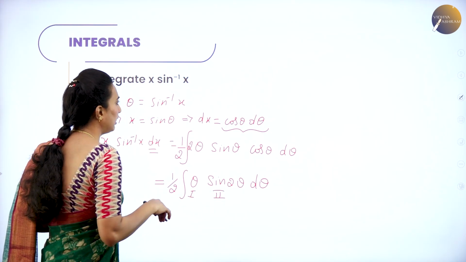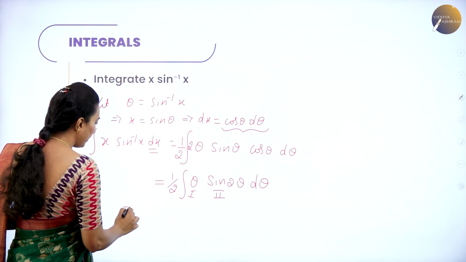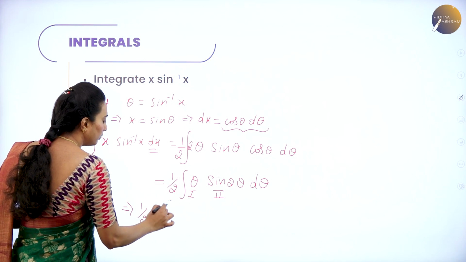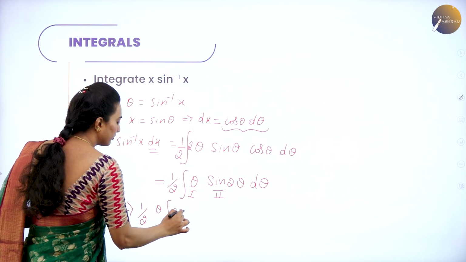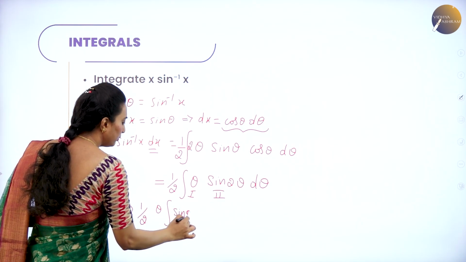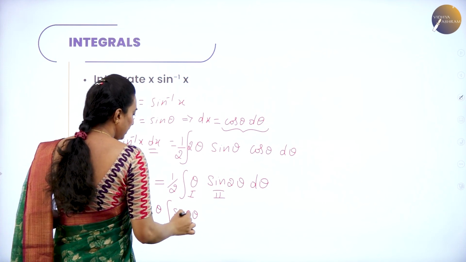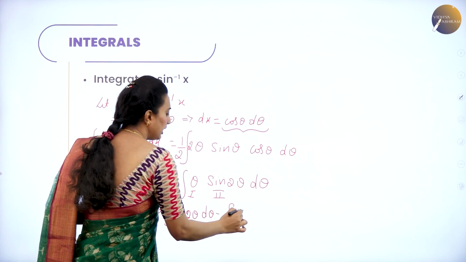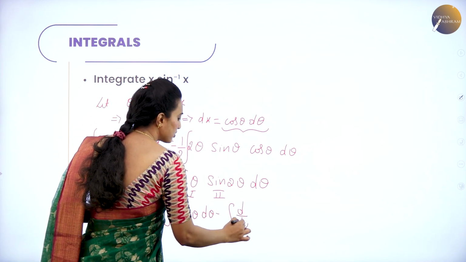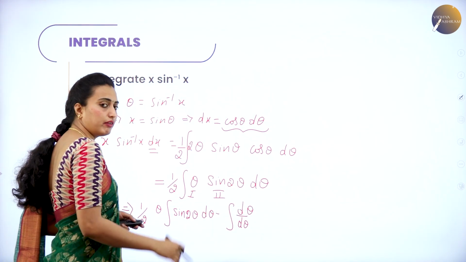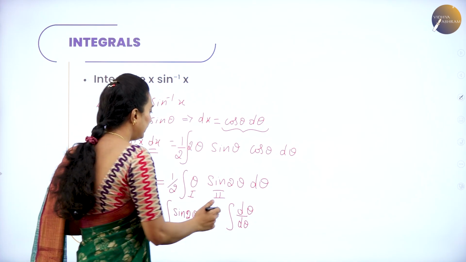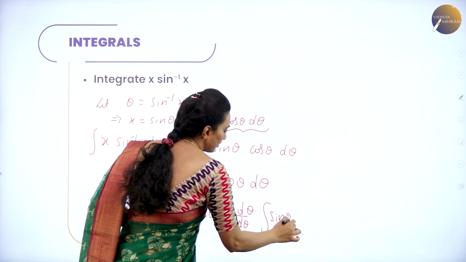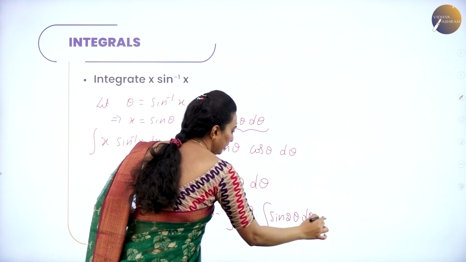Therefore, let me integrate accordingly, which implies 1 by 2 into first function into integral of second function sine 2 theta, minus integral of d by d theta of first function. Why? Because in place of x you have theta, into integral of second function, d theta.